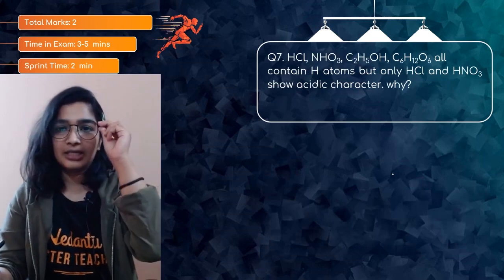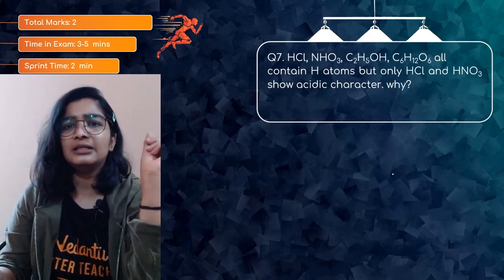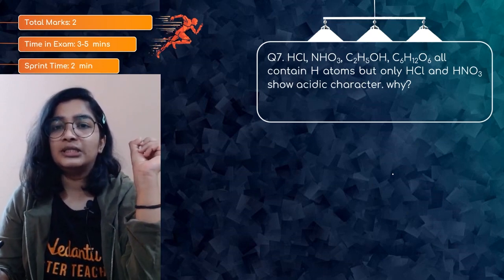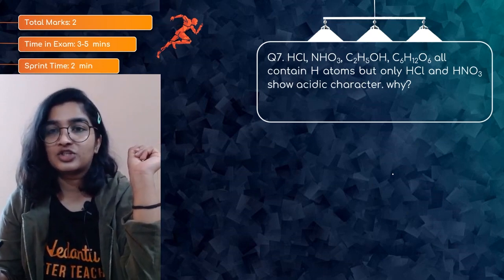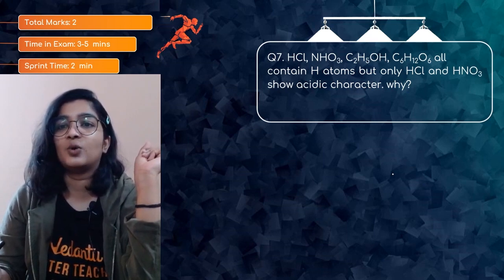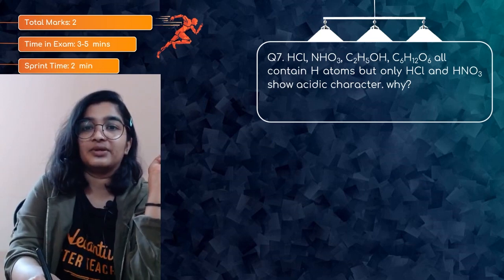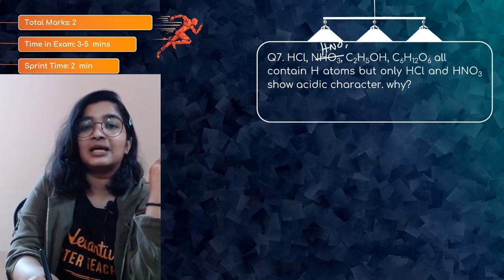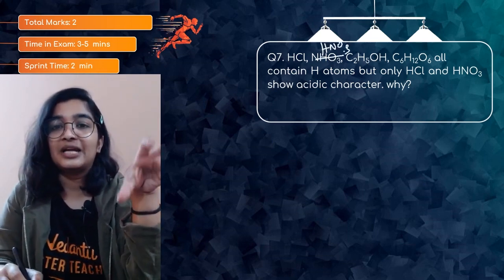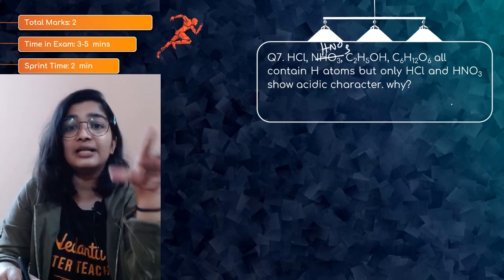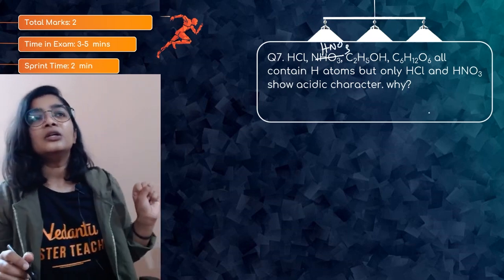Question number 7: HCl, HNO3, C2H5OH, C6H12O6 all contain hydrogen atoms. But only HCl and HNO3 show acidic character.